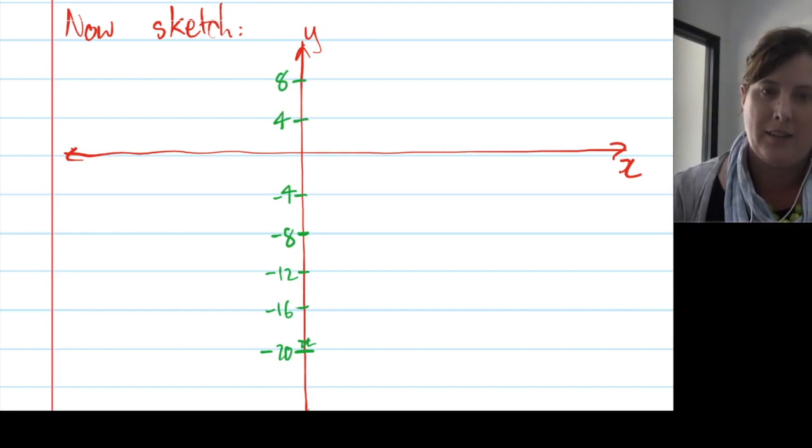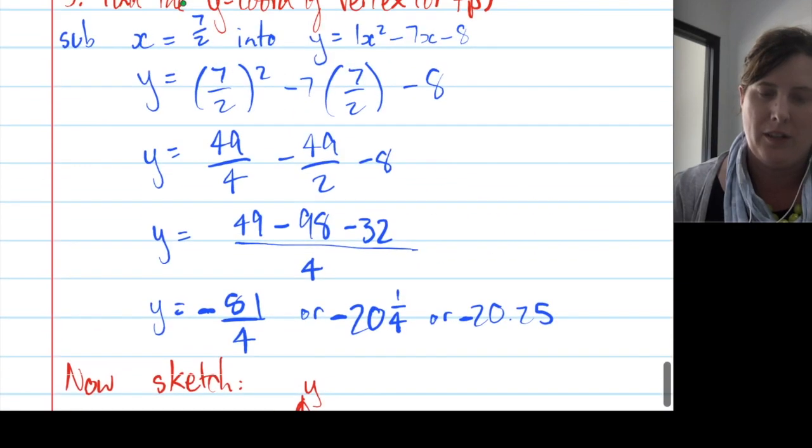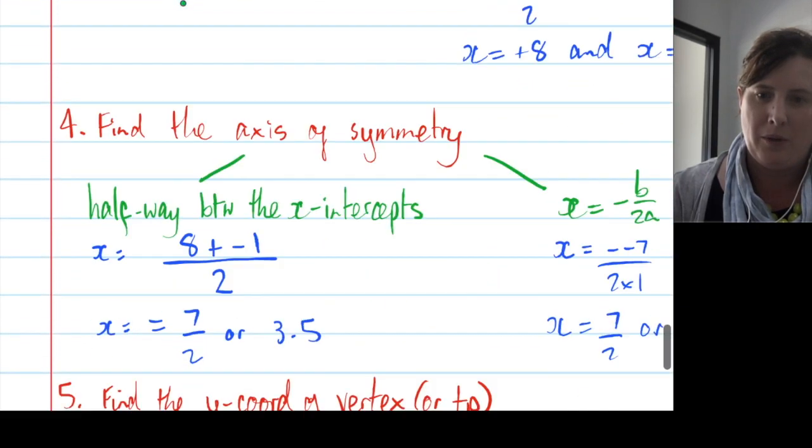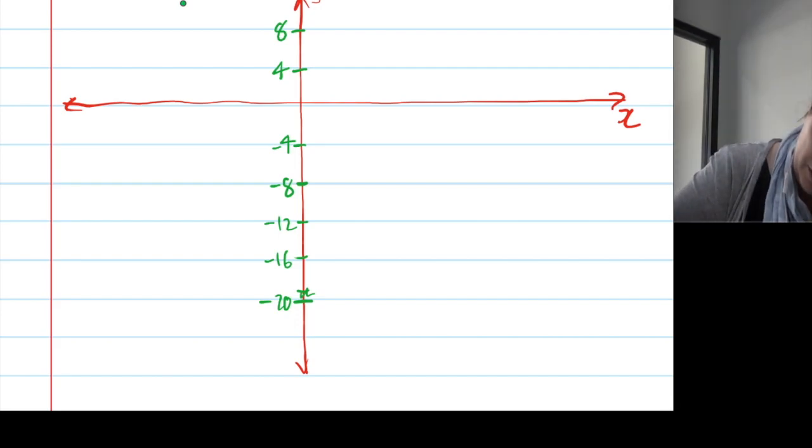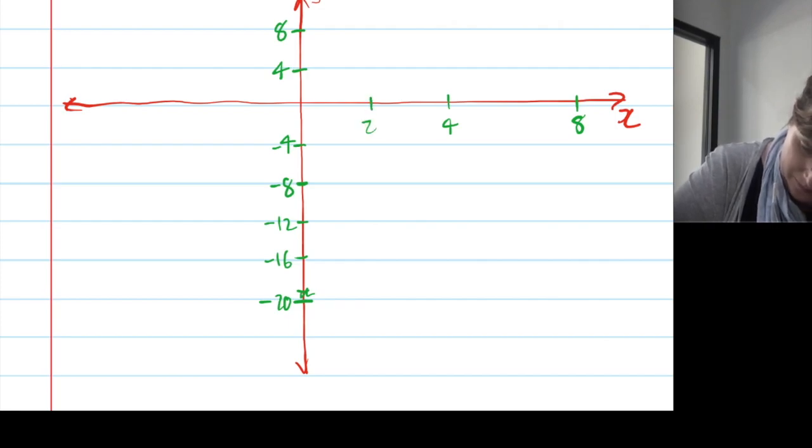My x-axis, I know I'm going to have to go between positive 8 and negative 1. So if I make positive 8 all the way here, 4, 6, 8. Yep.